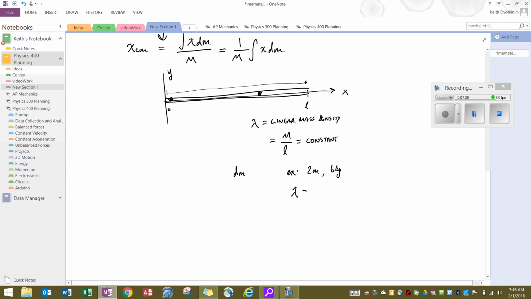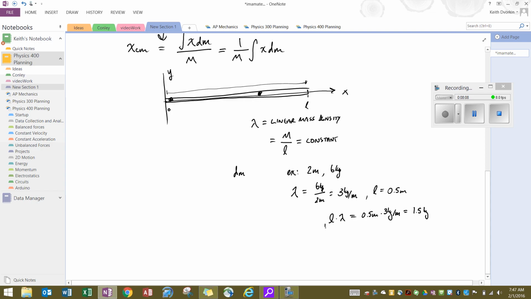Lambda would just be equal to 6 kilograms over 2 meters, so 3 kilograms per meter. So if there was a rod that was, say, L was half a meter long, to figure out how heavy it is, we would just have to multiply L times lambda. 0.5 meters times 3 kilograms per meter gives us 1.5 kilograms.